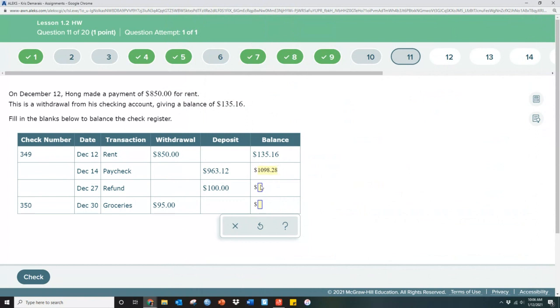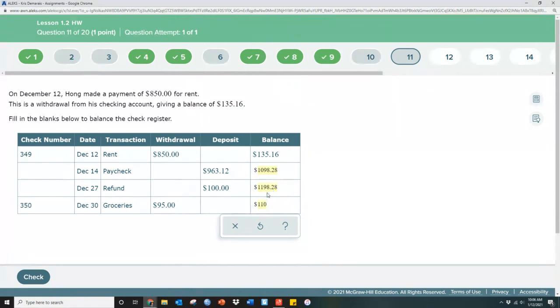Now, refund, that's adding $100. So that's not too big, too busy. So all I gotta do is put $100 in there. Now I basically take out $98 or $95 for groceries. Then I'm subtracting 95 from 98, and that gives me basically 3.